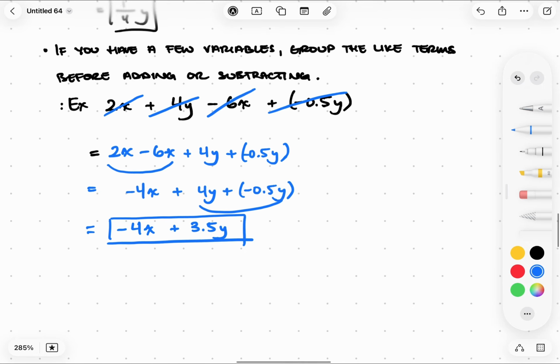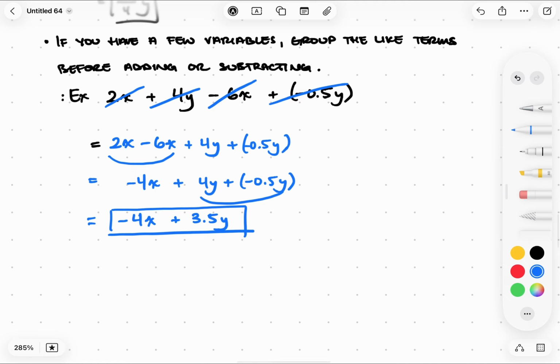There are some other key points that you probably should keep in mind. If there's only a variable and no number in front of it, which we call a coefficient, so if there is only one variable, it has a value of 1.